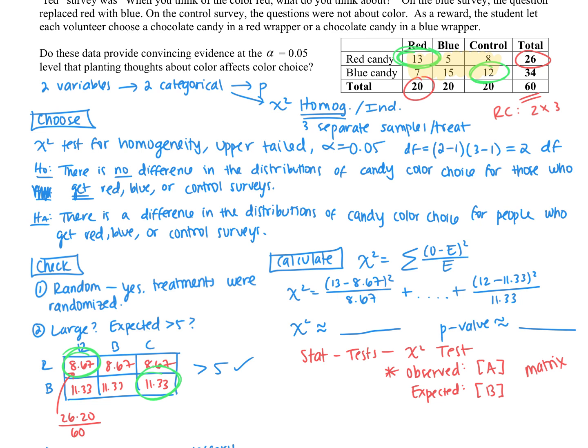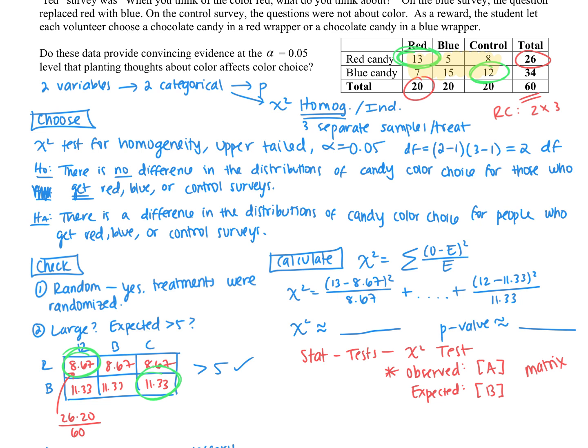Everybody have the observed matrix in? Everybody follows me? Okay. I think you guys know that I like to be efficient, and I do not want us to do extra work. So let's just be lazy for a minute, and we're not even going to bother to put matrix B in. We're just going to leave matrix A with our observed values and forget about matrix B. So what I want you to do now is do that chi-square test. Go to stat, go over to tests, do your chi-square test.